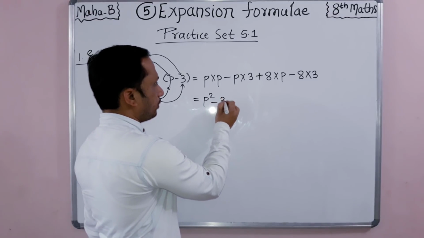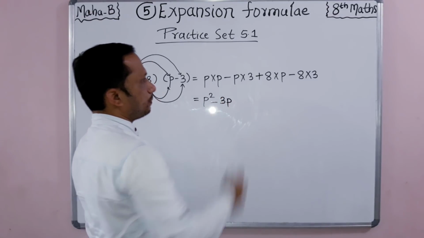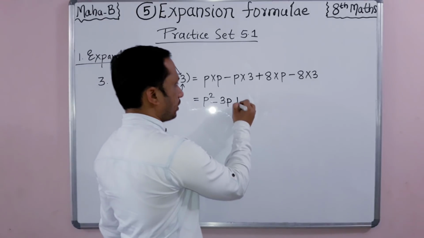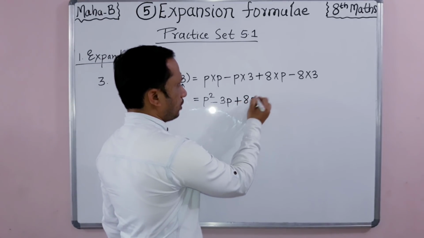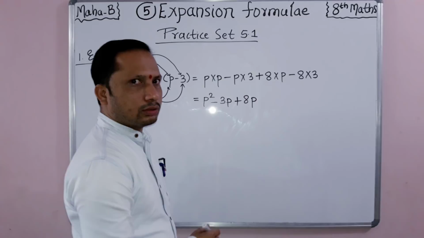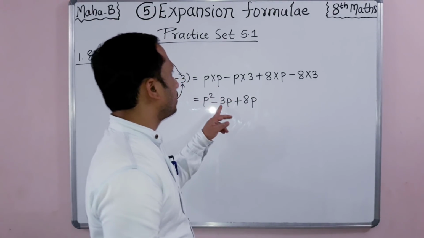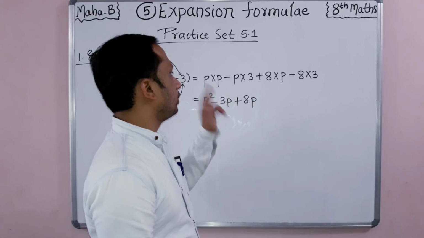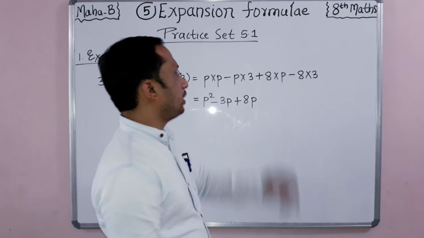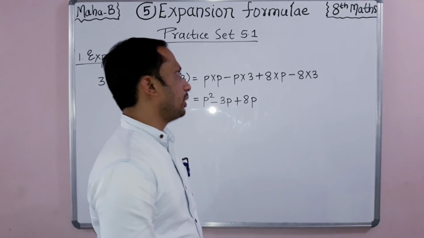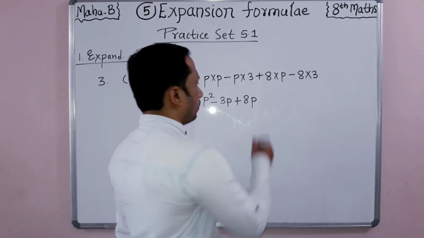Minus 3p, and plus 8 into p is what student? Plus 8p, and minus 8 into 3. Okay students, see here, p into p, p square minus p into 3, 3p, and plus 8 into p, 8p, and minus 8 into 3, minus 24.